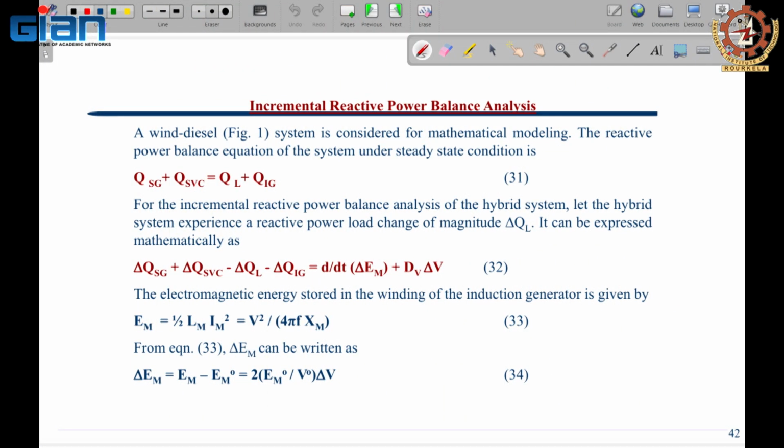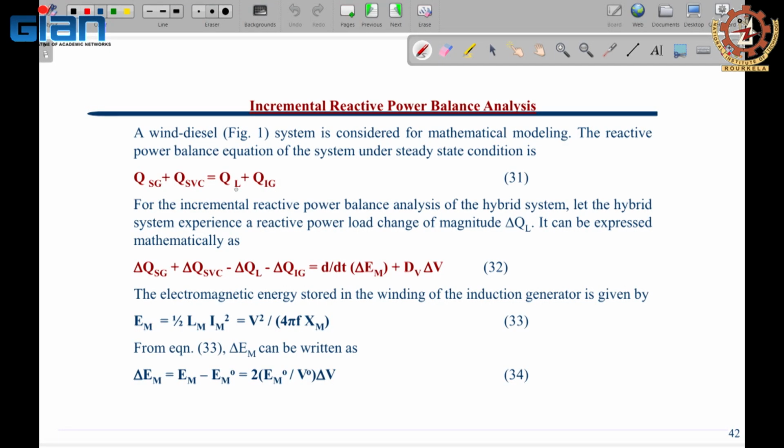So, all this detailed mathematical modeling you have for the individual components. Then you have again in your hybrid power systems the reactive power balance: which devices are supplying the reactive power, which devices consume the reactive power. So, you try to establish the appropriate balance.